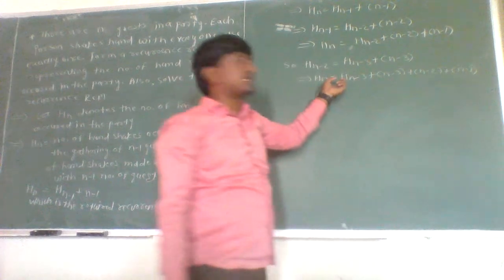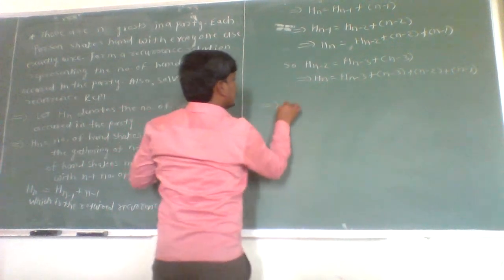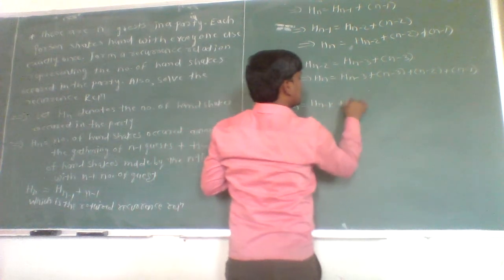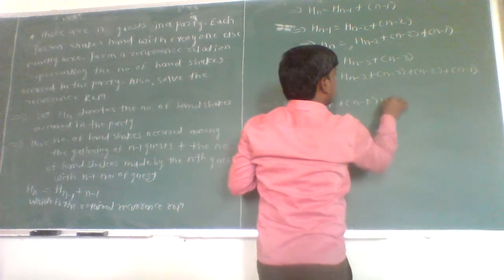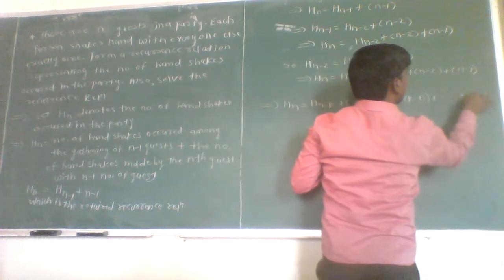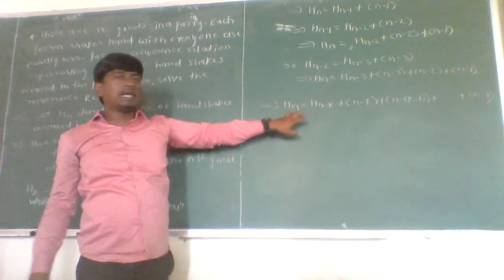This is at the third step. Therefore, after the kth step we get Hn equal to Hn minus k plus n minus k plus n minus k minus 1, and so on, plus n minus 1. This is at the kth step.